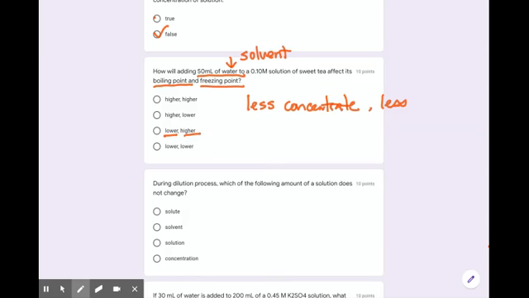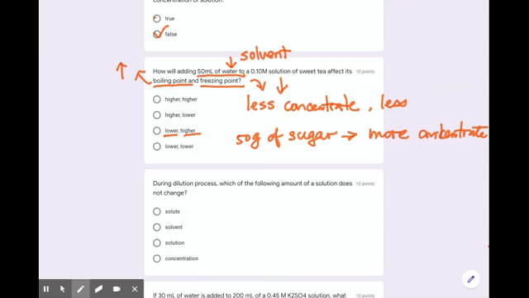Vice versa, if the question says I'm adding 50 grams of sugar to the sweet tea, I'm making it more concentrated. So more concentration will make the boiling point go higher and the freezing point go lower.